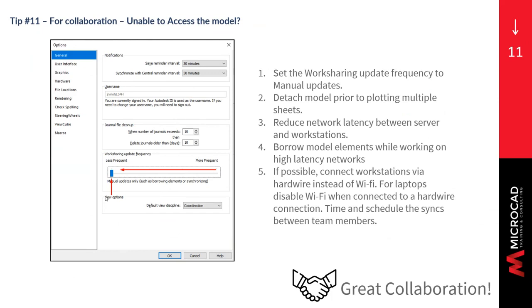You can detach your model prior to plotting multiple sheets. You can reduce the network latency between server and workstations. You can borrow model elements while working on high latency networks.